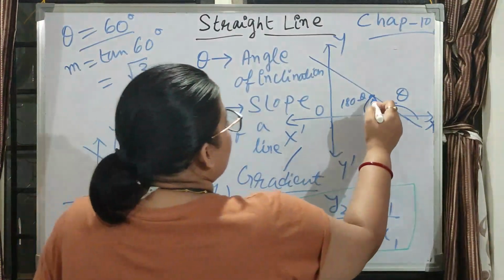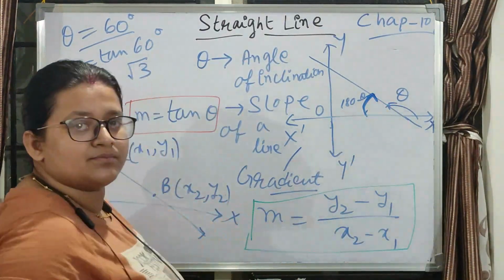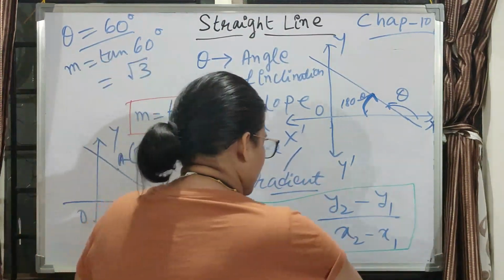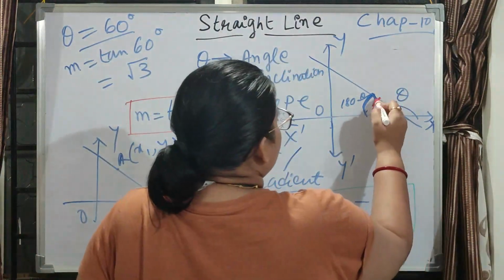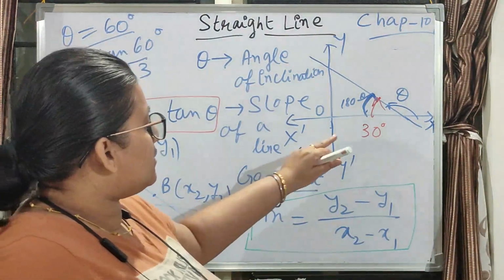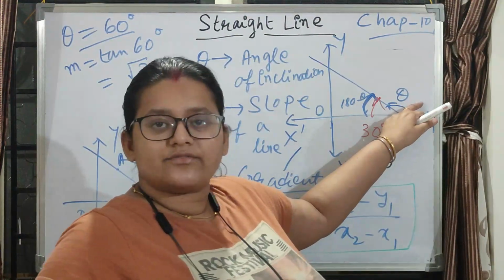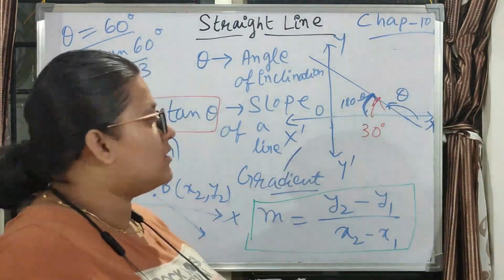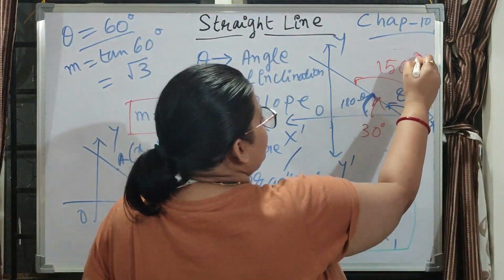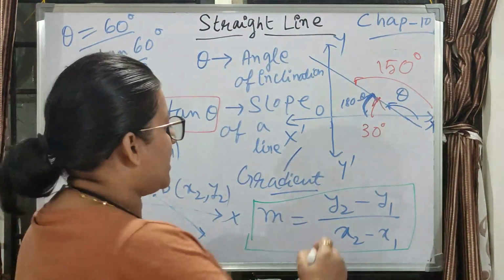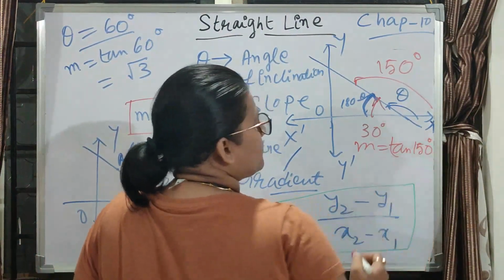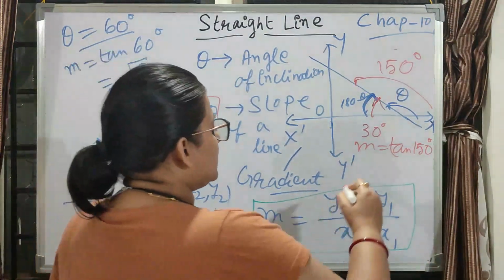Sometimes this angle is provided in exam. Suppose this angle is given as 30 degree. But we are taking which angle? This one. We can find that angle, that is 180 minus 30. So this angle will become 150 degree. So our slope will be m equals to tan 150 degree. 150 means what?